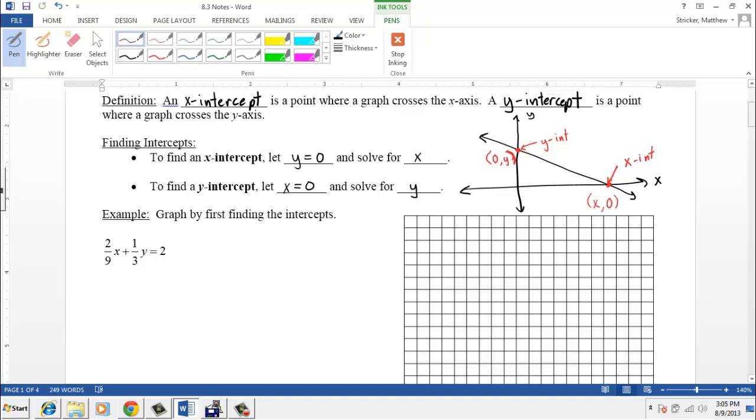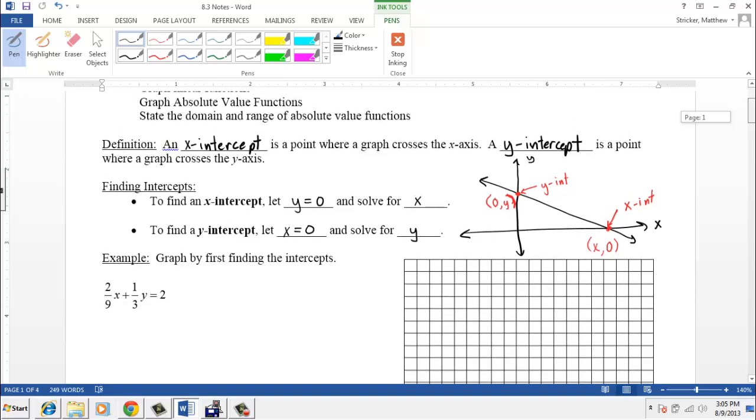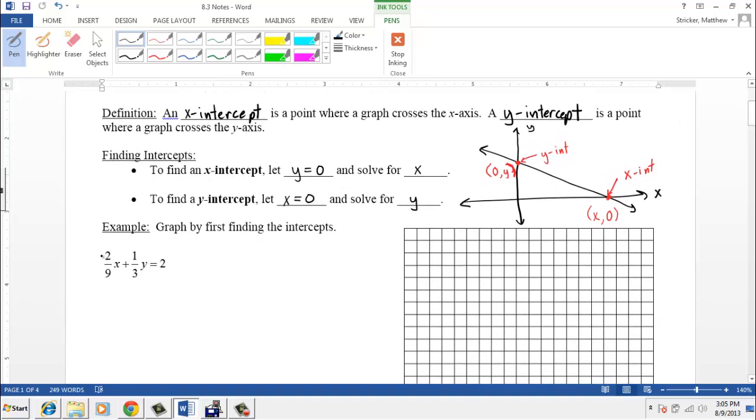So I could do that for the following equation, and even though this linear equation is kind of an ugly linear equation in two variables, the nice thing about it is if I employ the intercept method to graph, it's really easy, because if I, for example, let x equal 0, the whole first term goes away.